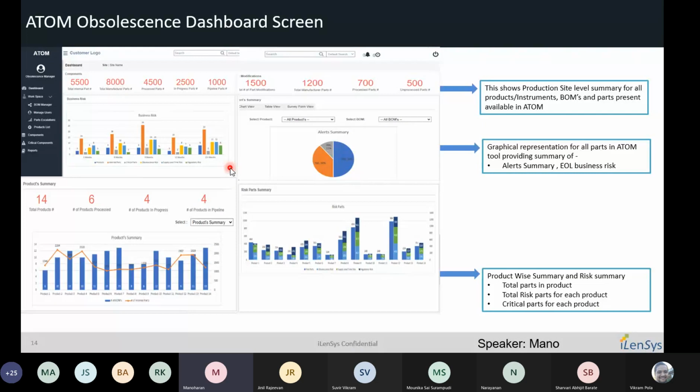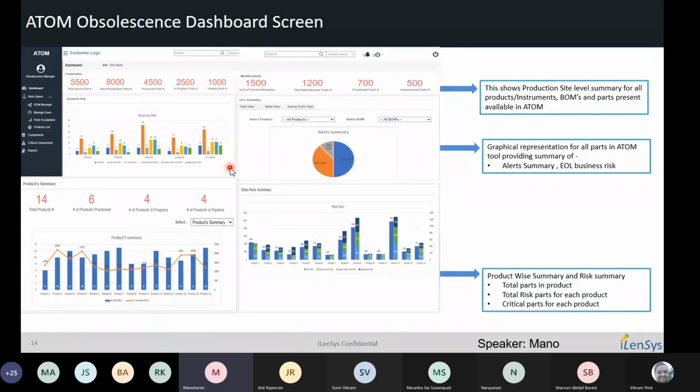So this software, we made it very user friendly, and it is effective when it comes to managing your obsolescence risk for your products for the entire division. And the more important part is the continuous monitoring.